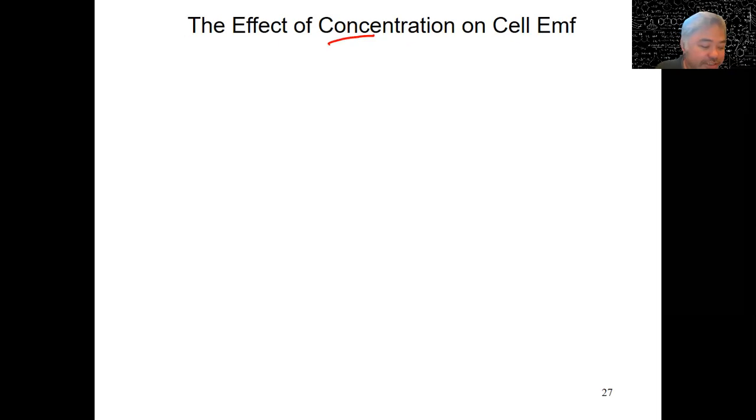So ano mangyayari dito? That happens when your free energy is in a non-standard state. Wala tong degree sign. And if that's the case, you have to consider what we call the Q. Ano ba yung Q?